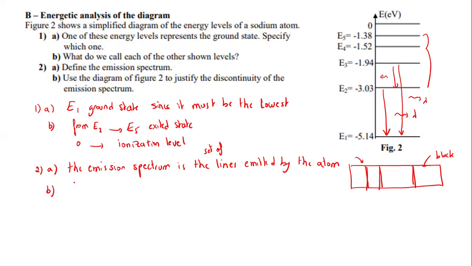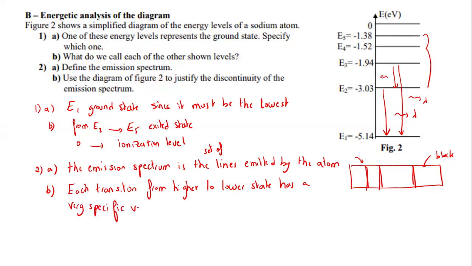So here we can say that each transition from a higher to a lower state has a very specific value, which means this explains the discontinuity of the emission spectrum.